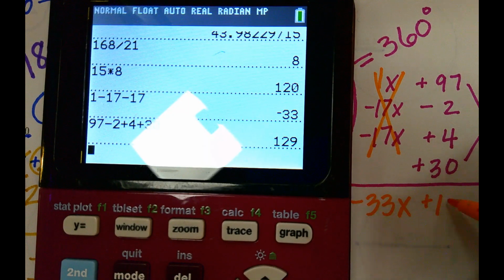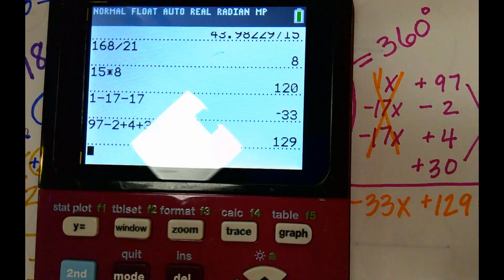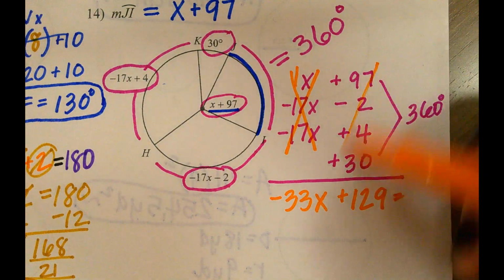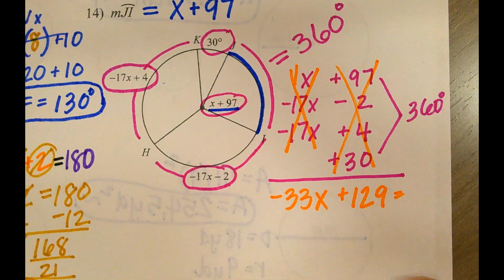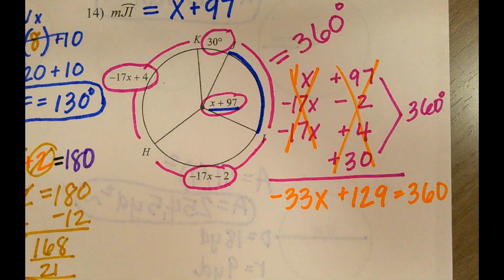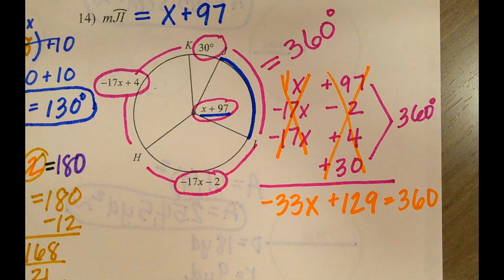So I'm going to write plus 129. And what is that equal to? Yep, 360. Still 360. So now I have an equation. All I got to do from here is solve it, and I'll have my x value.